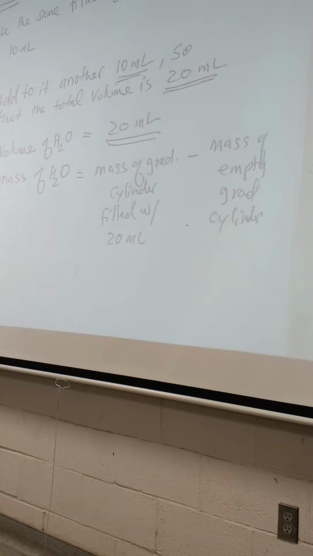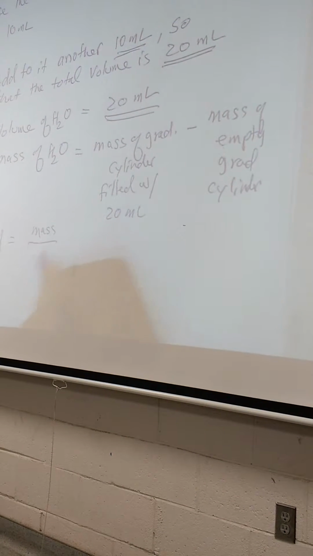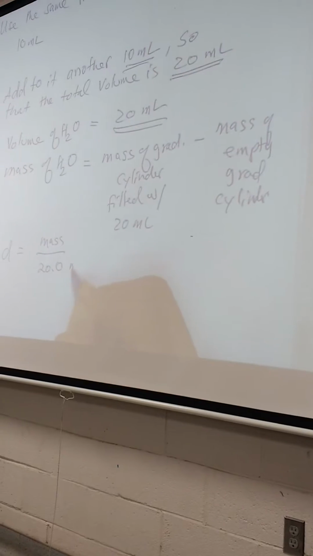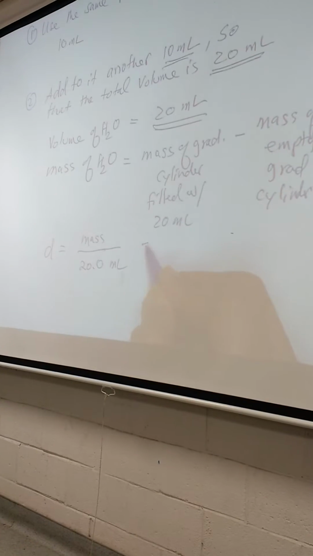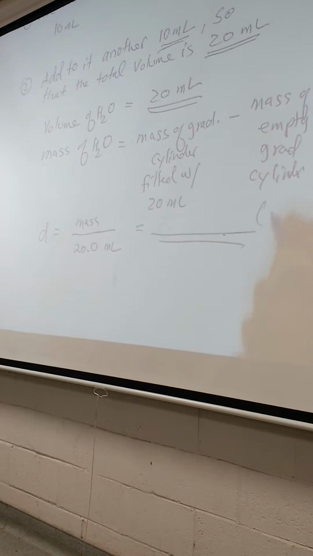Then you do the density here, mass over the 20.0 moles, and that will give you the density of H2O for part 2. This is part 2.